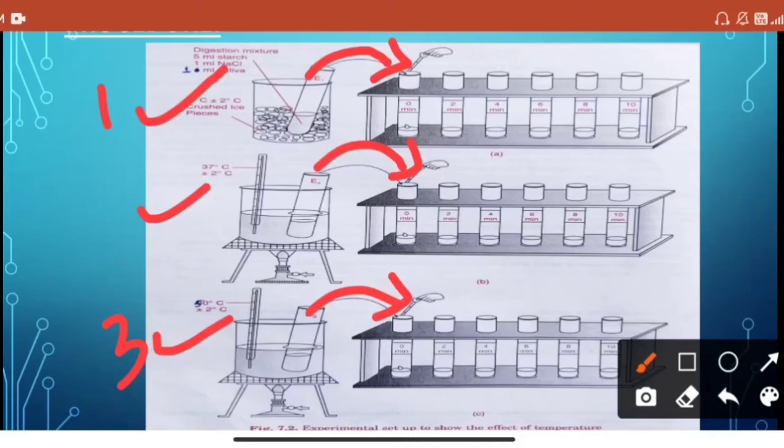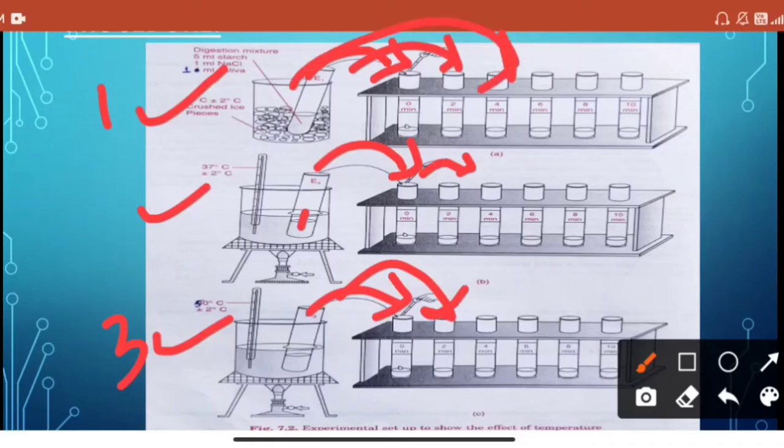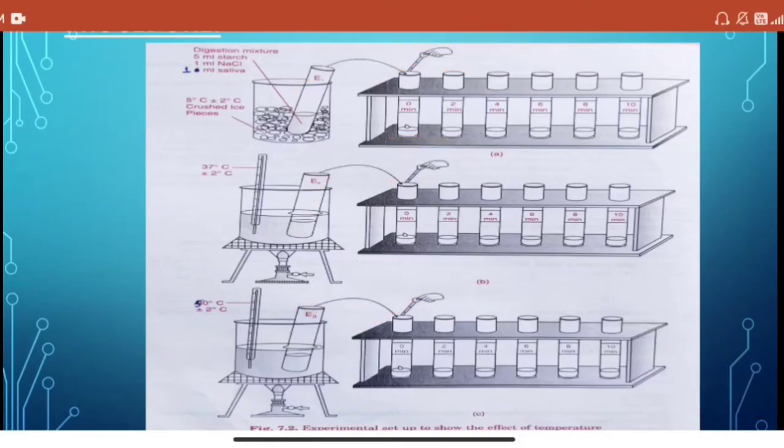at 0 minute, first we have added the experimental solution. After an interval of 2 minutes we will add the solution to the second iodine test tube. Then to the third, then after that to the fourth one, like this. So for the second setup, within 4 minutes we will observe the change of the color.